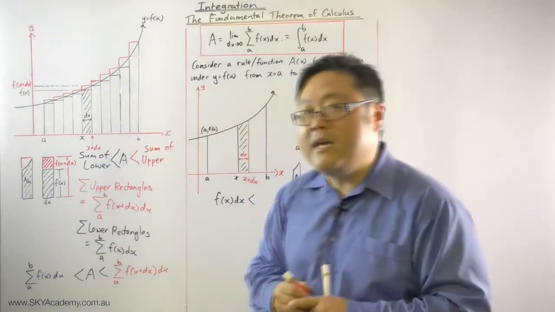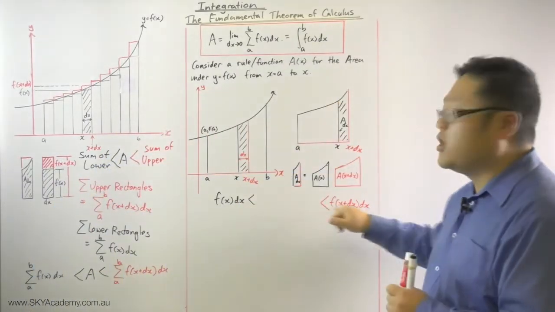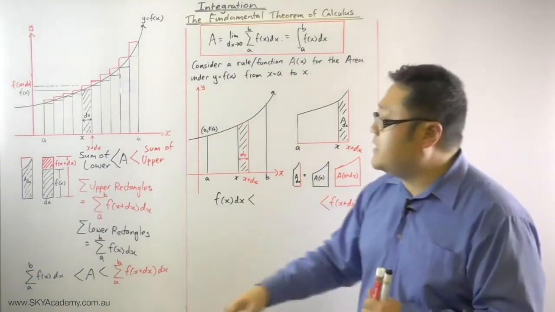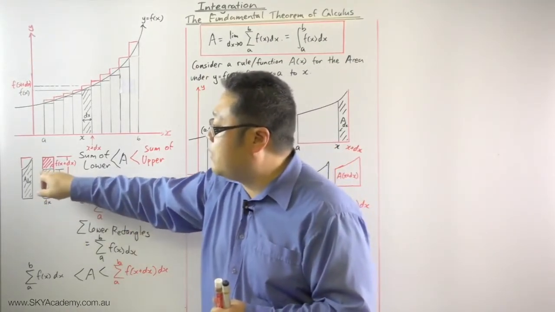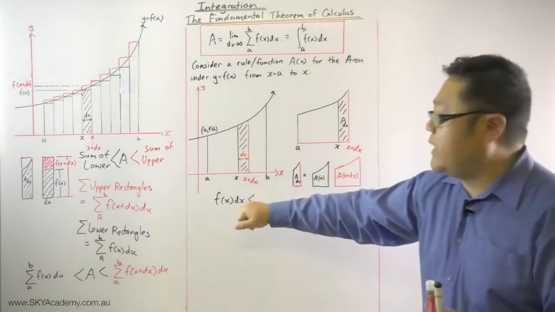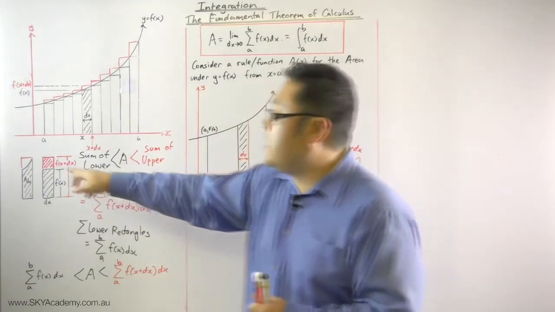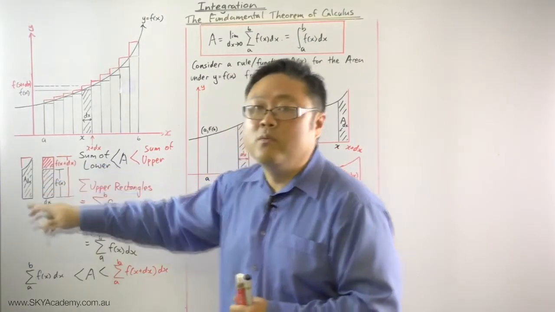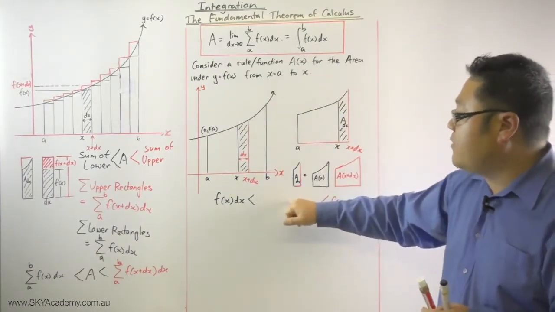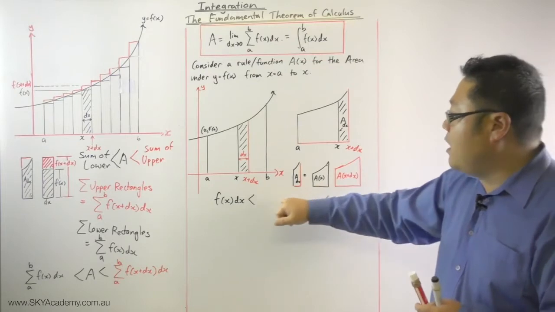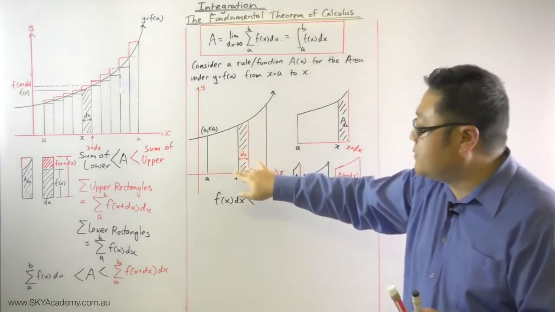Now, if we need to refresh why that is the case, we go here. So it's going to be the area of the lower rectangle on one end of the inequality and the area of the upper rectangle with the red tip over on that side. And that's going to be the area of one of these strips, right?